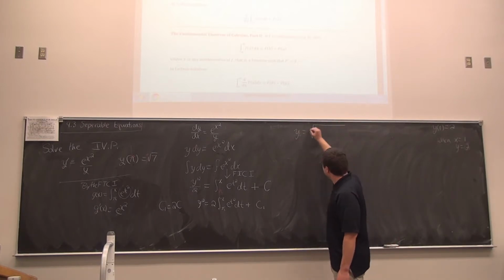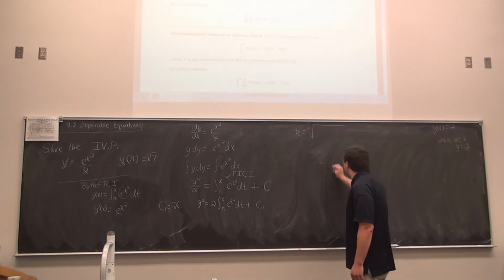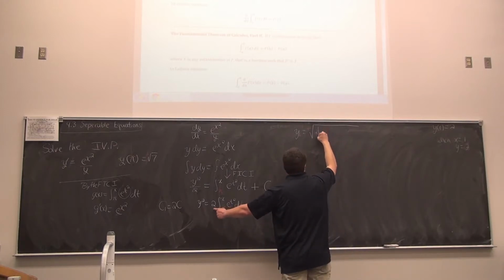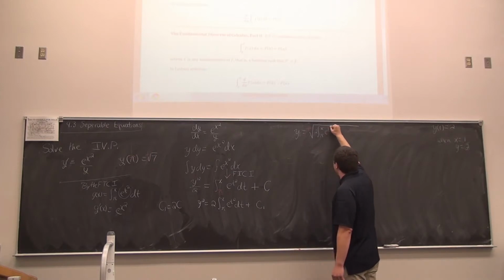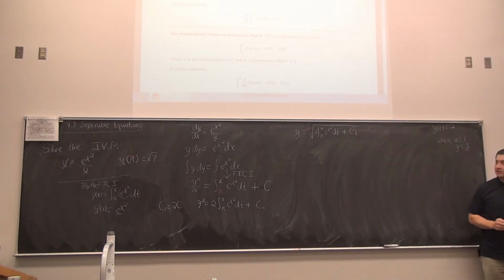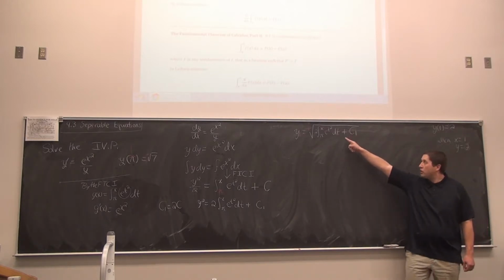I'll just put a plus here only for emphasis to say where the sign came from, of the twice the definite integral from pi to x of e to the t squared dt plus c1. So we've done it. We've found the general solution to that differential equation. Every solution would have this form. Well, really plus or minus.